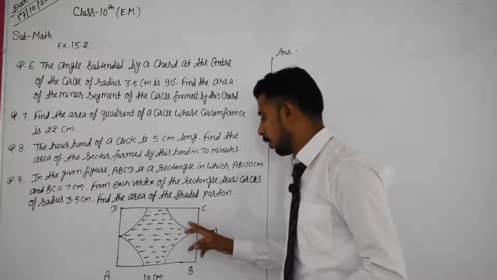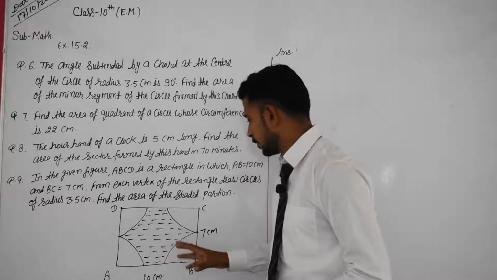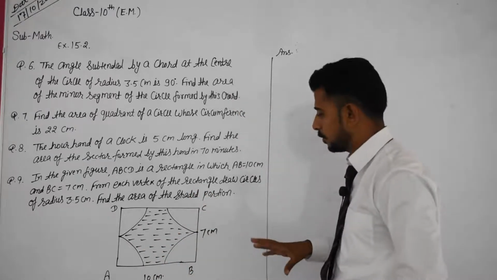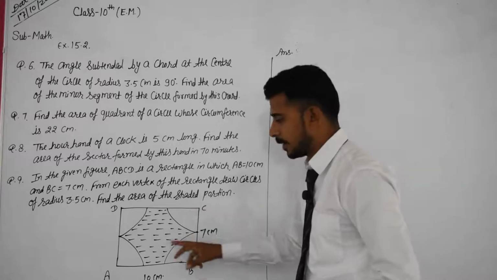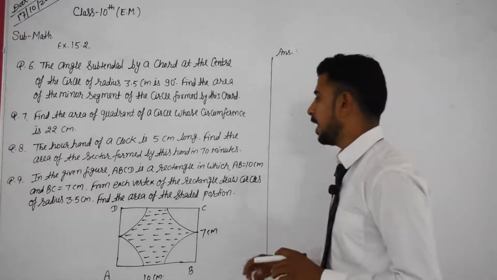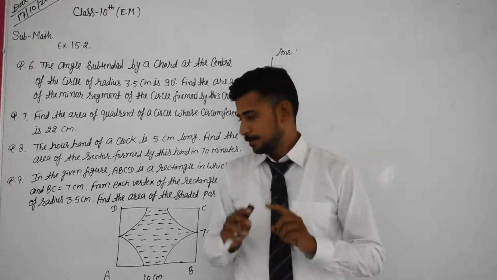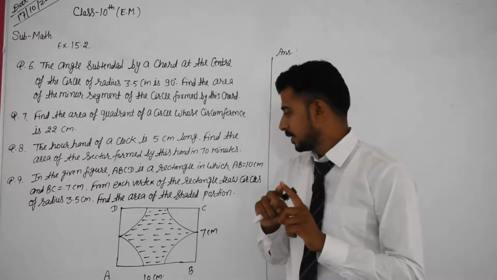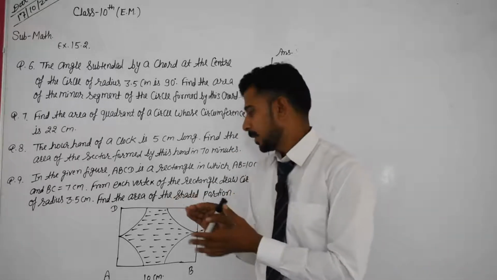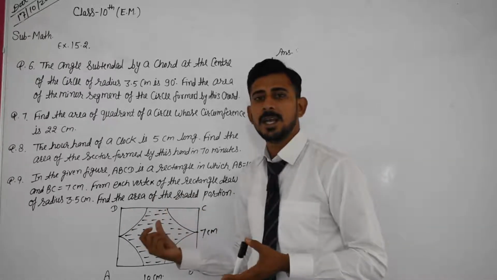And when these 4 quadrants are joined together, we can say these 4 parts make a circle. We want the area of the shaded part. It means first solve the area of the rectangle, then subtract the area of the 4 quadrants, and the rest part is the area of the shaded part.